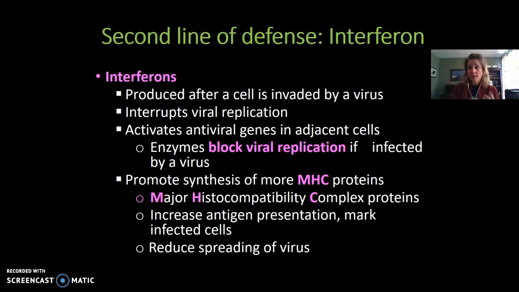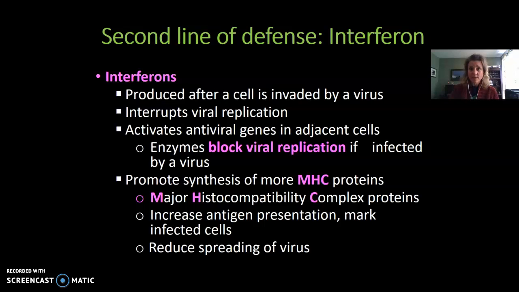So a cell in our body that is invaded by a virus pretty much has no hope. Like, it's going to die. But what it does is it secretes a chemical called interferon, which will protect its neighboring cells within the same tissue. So here's what interferon does.